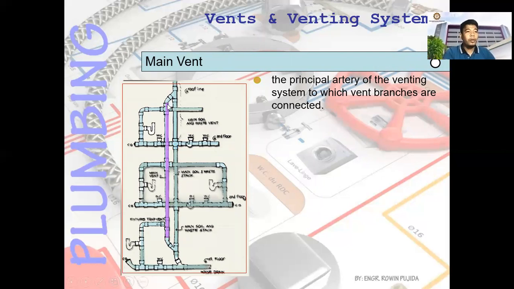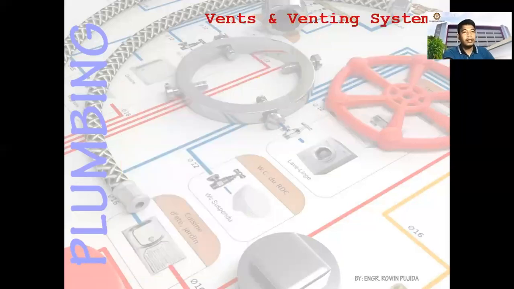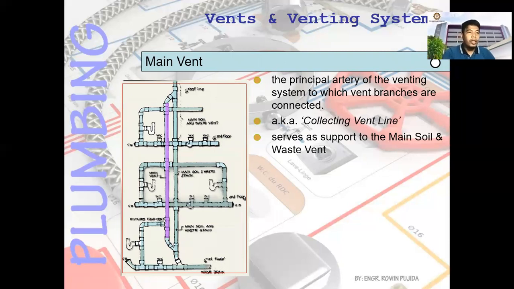Also, there is no waste traveling through this pipe, okay? You have only the circulation of air traveling through this pipe. And then it is also called the collecting vent line, and it serves as support to the main soil and the waste vent. Okay, so the waste vent is here, this one, and the main vent is this one.